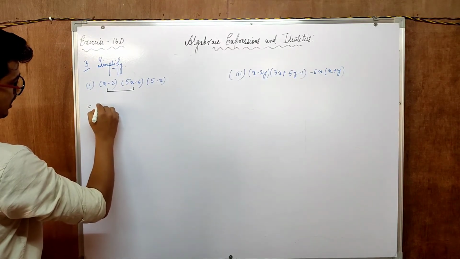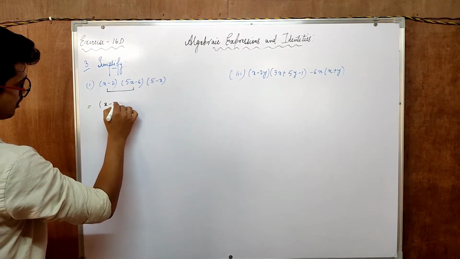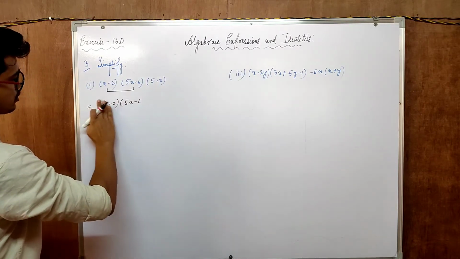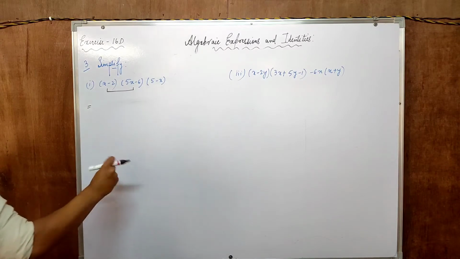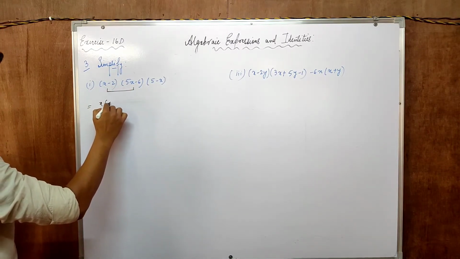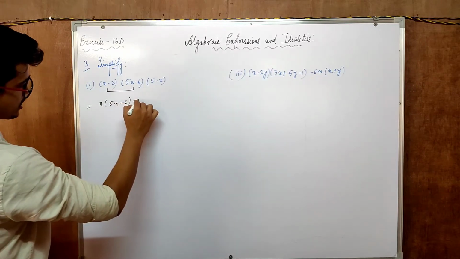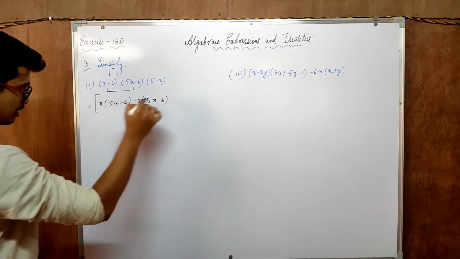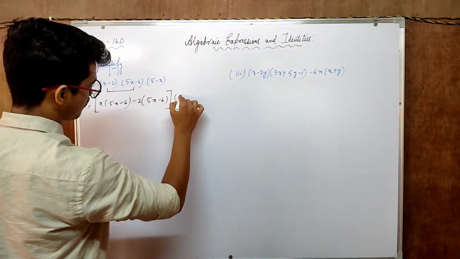So following the brackets, that means x minus 2, 5x minus 6. Why should I write the same process? Let's just remove this part. Alright, so first of all, let's do these 2. So that means x, 5x minus 6 minus 2, 5x minus 6, and put this third bracket over here, 5 minus x.